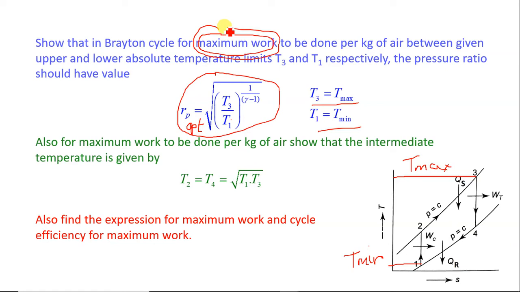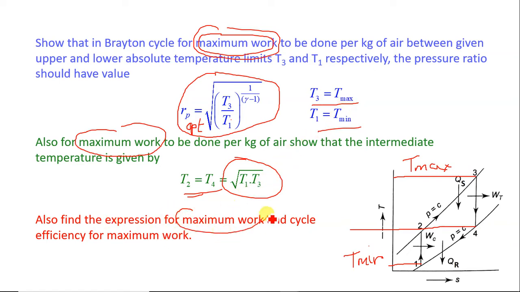This you should remember. Then for maximum work, the intermediate temperatures T2 and T4 should be the same, and equal to the geometric mean of the maximum and minimum temperatures, that is T3 and T1. And then we have expressions for maximum work and the efficiency of the Brayton cycle at maximum work. So here we have 4 equations.